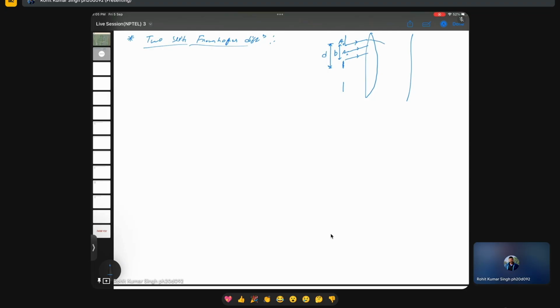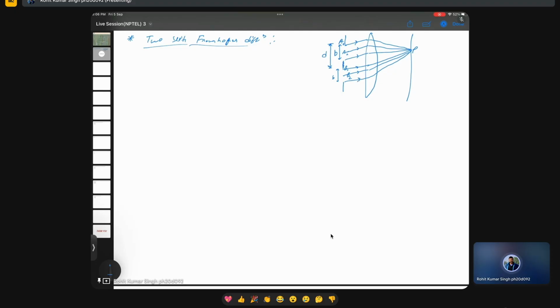And this is a point where we are looking at the screen. Similarly, for the other slit also, we will have different points. Let's call them B1, B2, and so on.